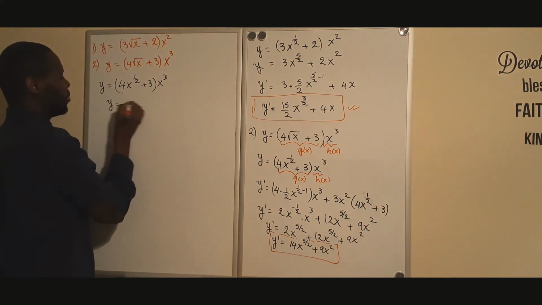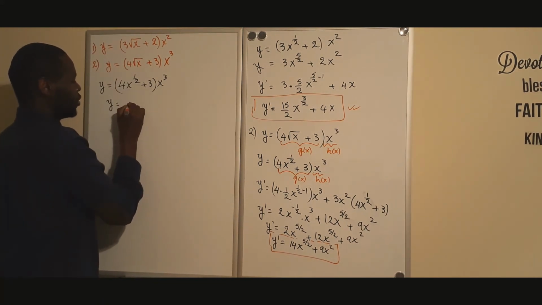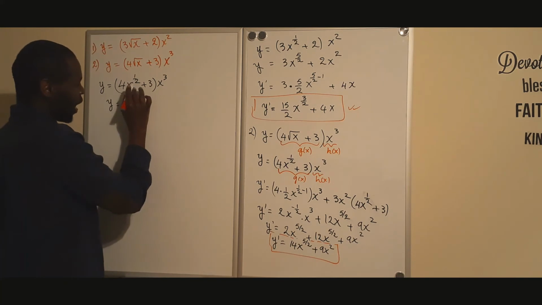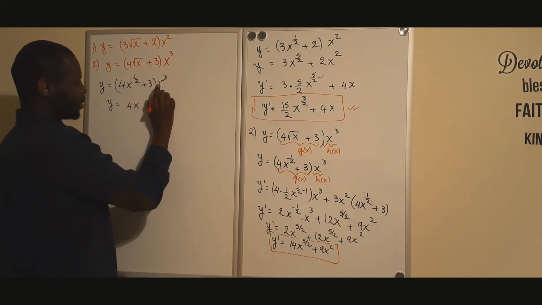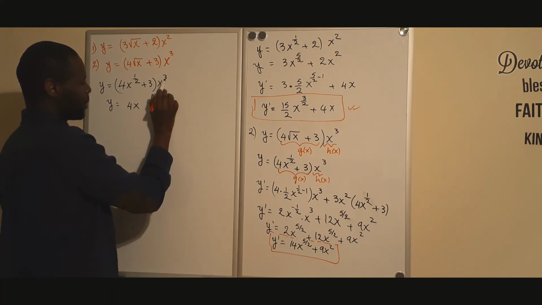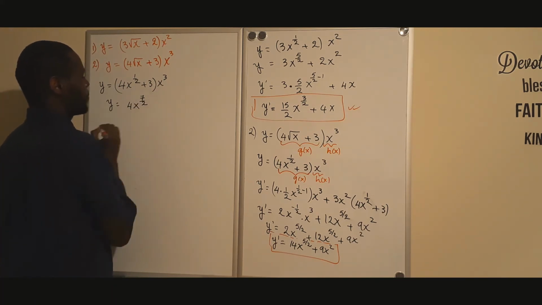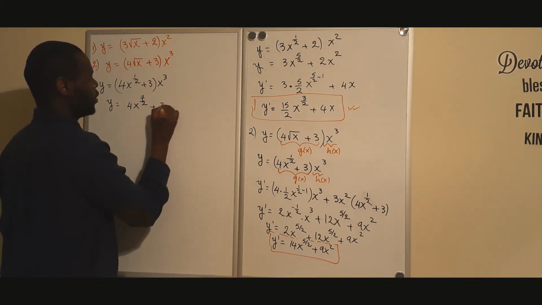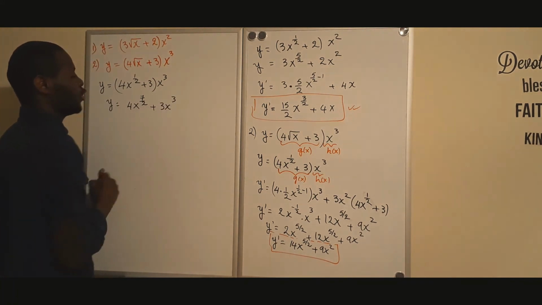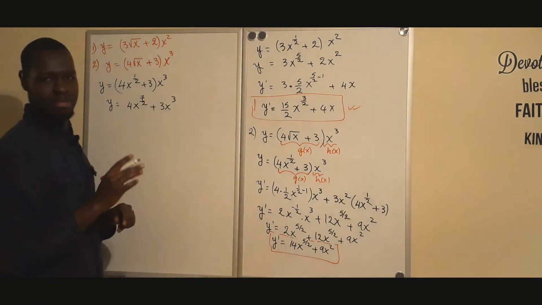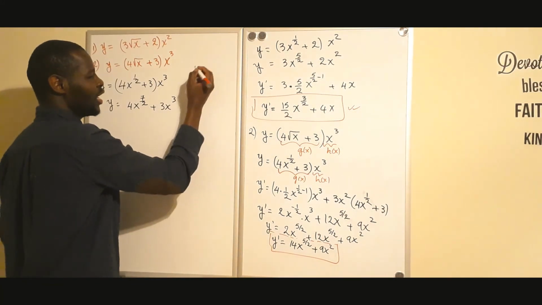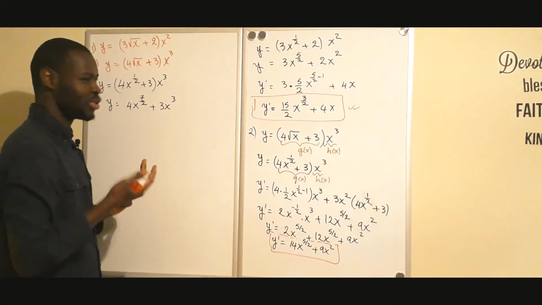So y, by distributing this, is 4x to the 1/2 plus 3, that will be 7 halves, right? Plus 3x cubed.